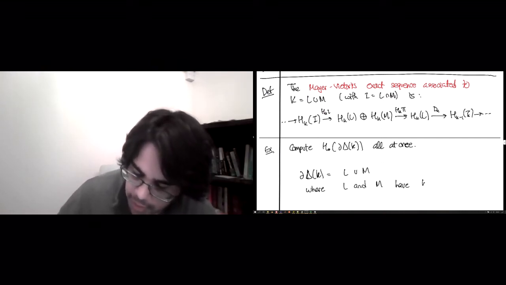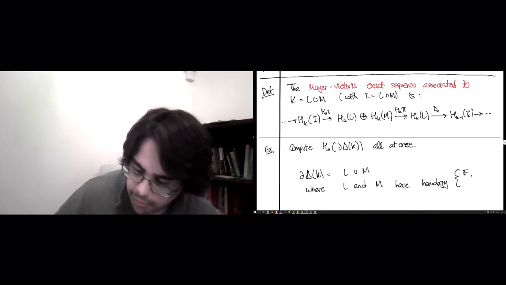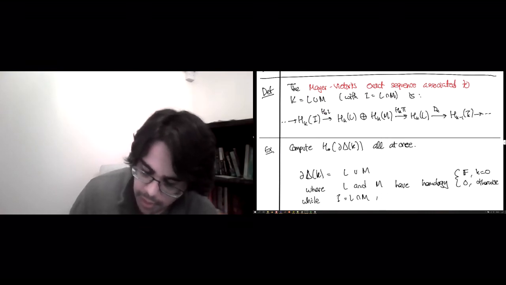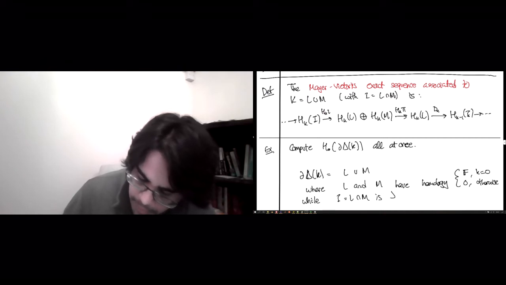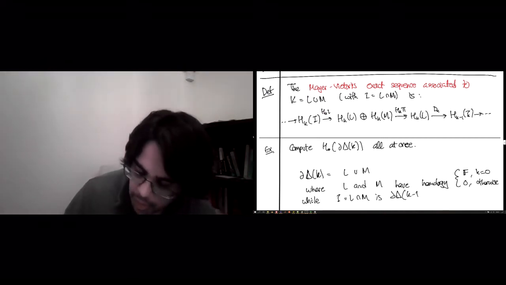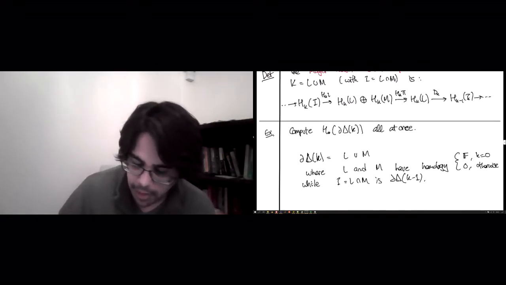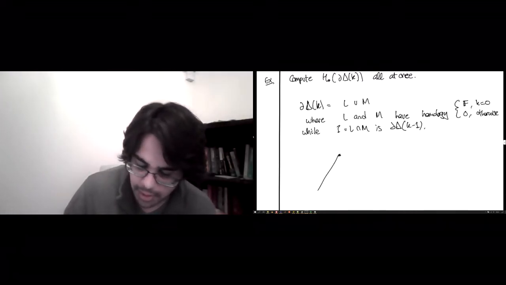Both of them have homology F if the dimension k is 0 and 0 otherwise, while the intersection is the hollow simplex of one dimension less. And here's the picture, and we'll end with the picture.